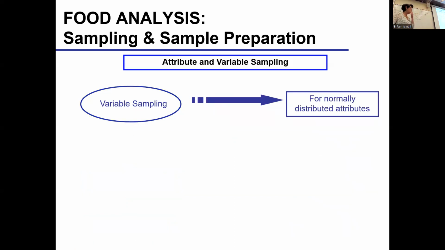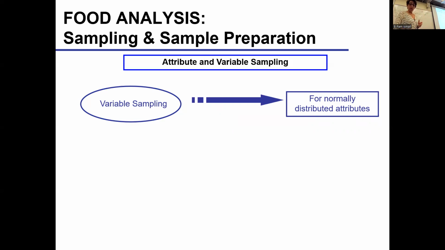Now, variable sampling, that's more common. That's, for example, looking for moisture content, or I'm looking for sugar, glucose content. Anything that is homogeneously distributed in your sample. It's a constituent that is not random, not unpredictable.